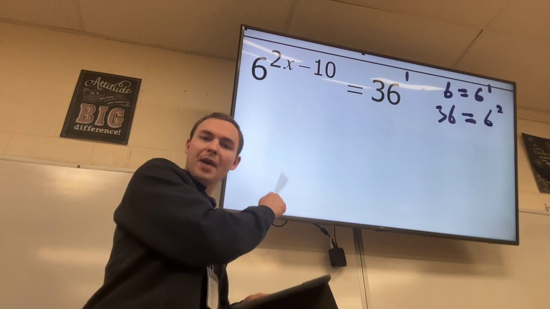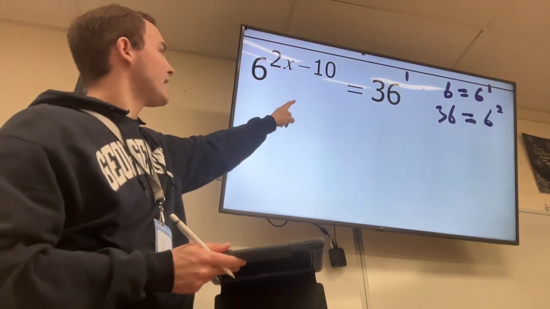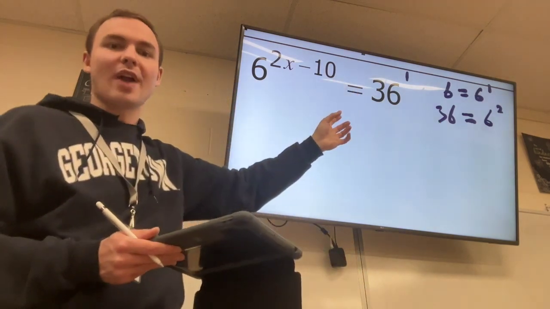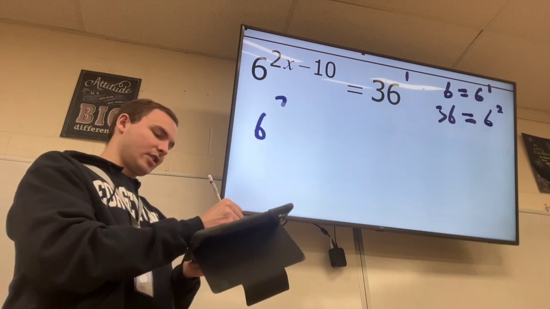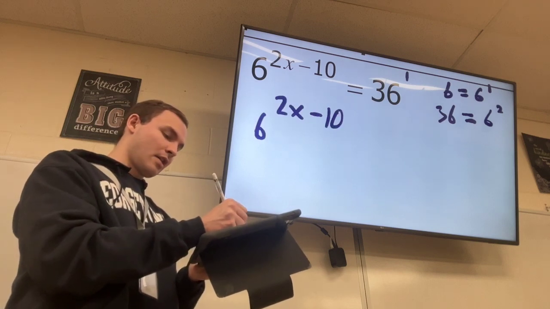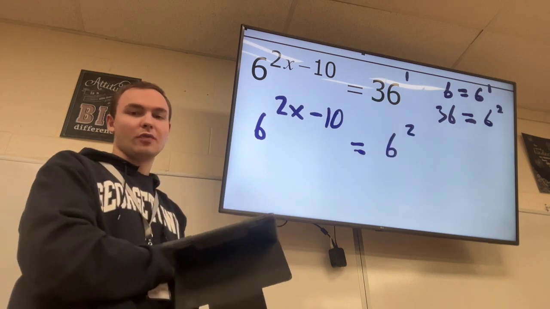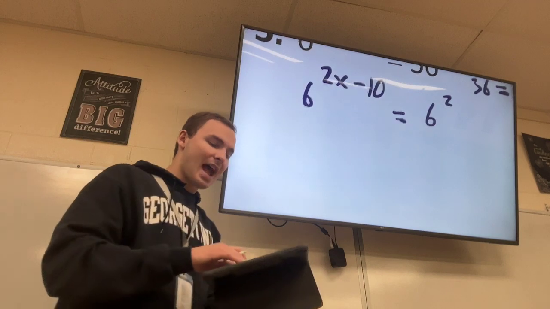When your 2 bases, the number that's not the exponent, can both be written as powers of the same number, you want to rewrite them as powers of that number. So I have 6 to the 2x minus 10, and I'll leave it like that. 36 I rewrite as 6 to the 2, since 36 equals 6 squared. Now look what I have.